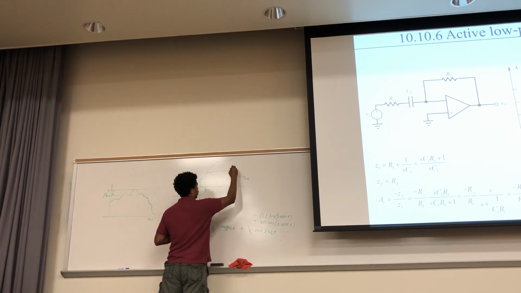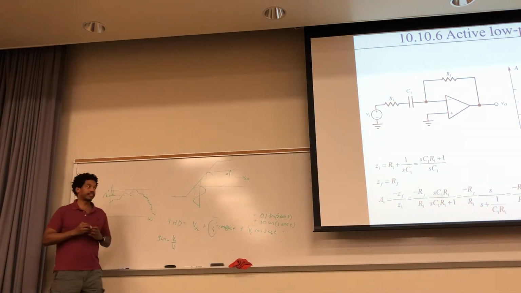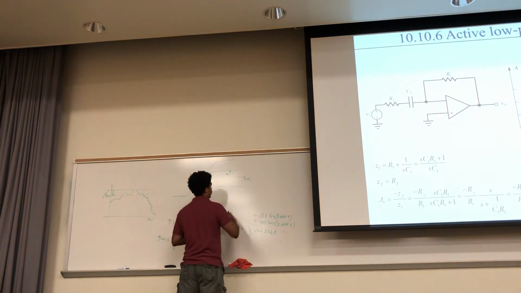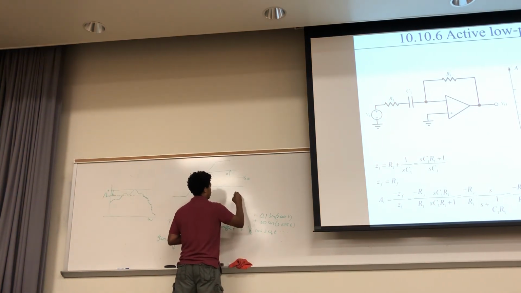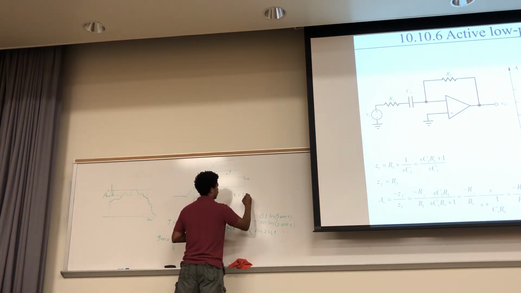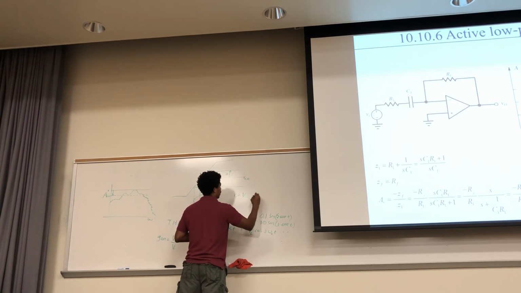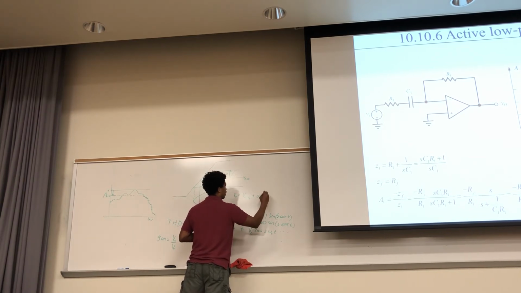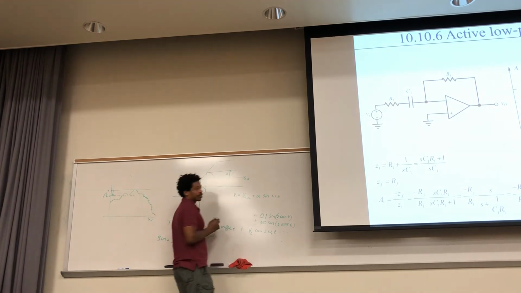And then your amplitude right here, whatever that is. And then you can make your sinusoid after that. It'll be your VO, DC, plus whatever A is, sine omega t. So, something like that.